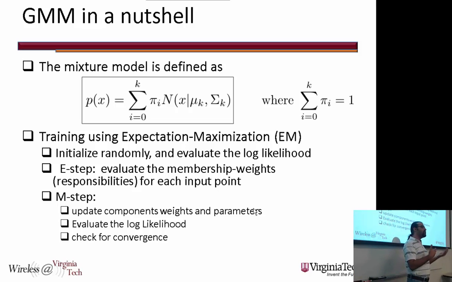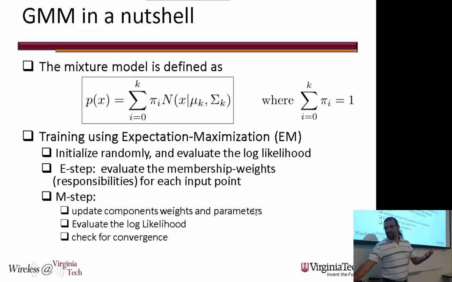Basically, the output you get from the Gaussian mixture model is the vector of means of every component and the covariances, in addition to what we call the component's weight, which is how much this component contributes to the overall probability density function.